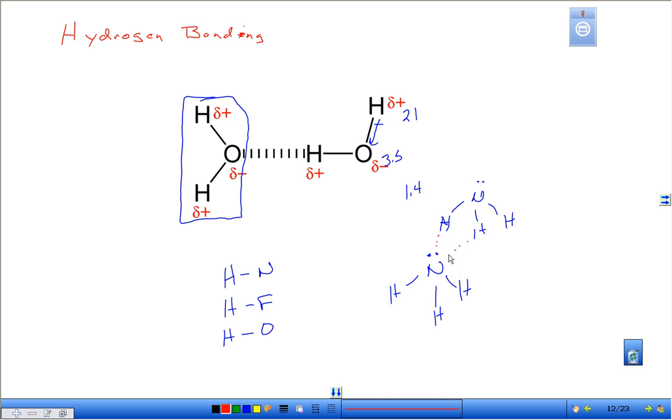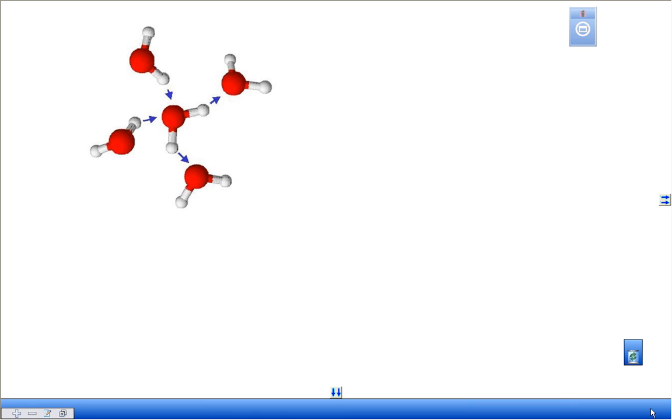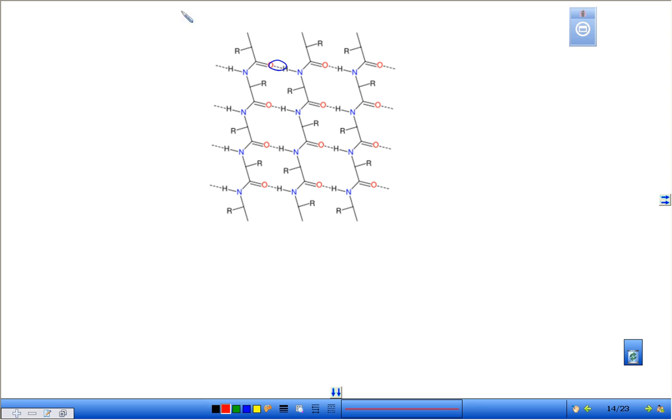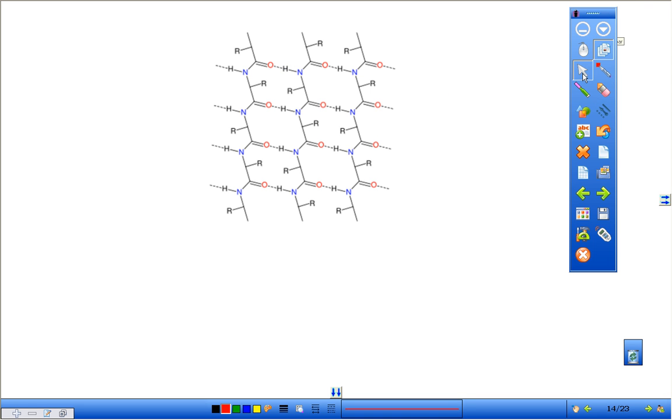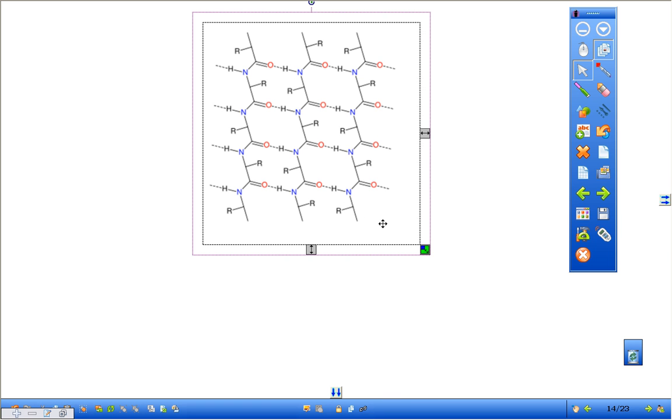And we could get this one also. So we have this attraction between those nitrogens and those hydrogens. For example, this is water doing hydrogen bonding. We have this attraction between a hydrogen and an oxygen, hydrogen and oxygen, and all the way around. This actually helps us bond things together. Water beads up really nicely because of this hydrogen bonding.